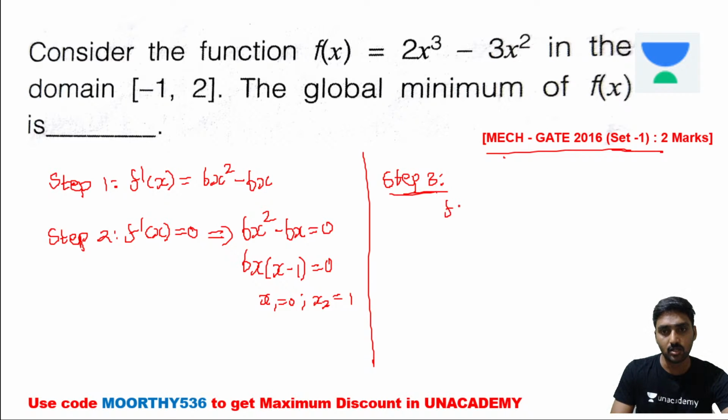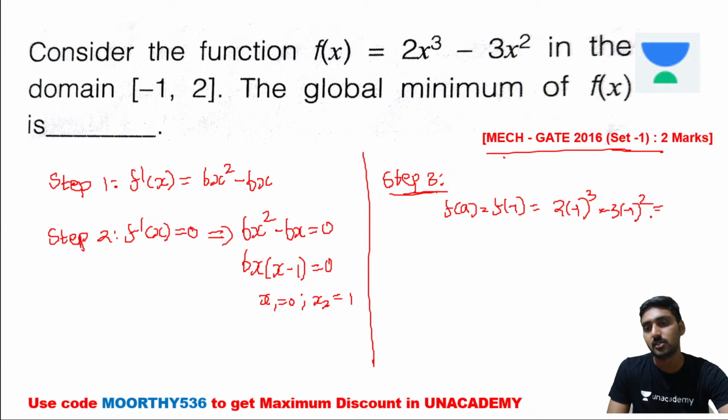First one, f of the given limits, f of a, it's f of minus 1. Substituting minus 1: 2 into minus 1 cube, minus 3 into minus 1 the whole square. It's minus 2 minus 3, equal to minus 5.